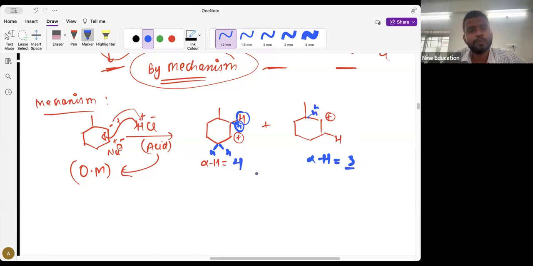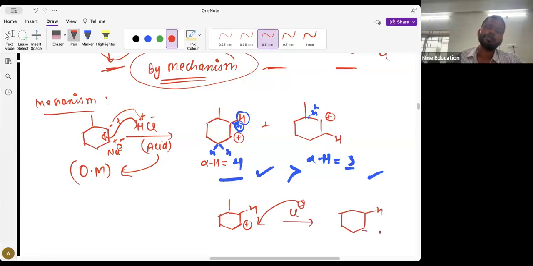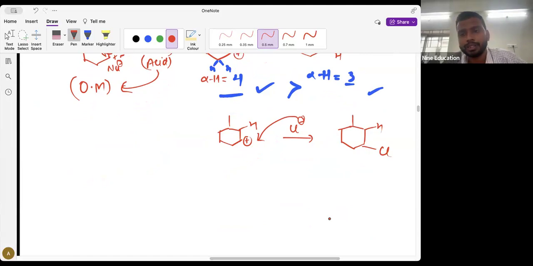है ना? तो ऊपर वाले में तो 4 हैं, इसमें 3 हैं, है ना. So कौन सा प्रेफर होता? Where we have more alpha hydrogen. So this one will be more stable than first one. और अगर ये वाला है तो इसमें से अगर कार्बोकैटायन यहाँ पर बनेगा, H यहाँ आएगा, then again Cl minus will come and attack on this carbocation to make the bond of CCl. है ना.